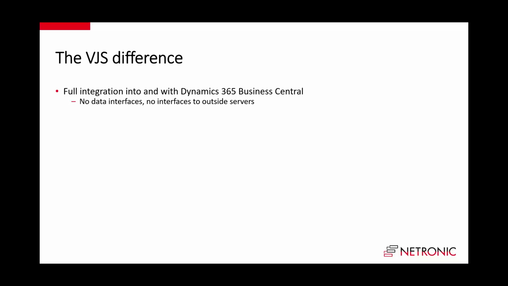So the complete extension and the complete data live and breathe within Business Central, and this makes the VJS different from, to my knowledge, any other resource planning and scheduling tool out there, because they all take the data from Business Central, send it to an external database, and then you plan on this external database, and then you send the data back to Business Central.